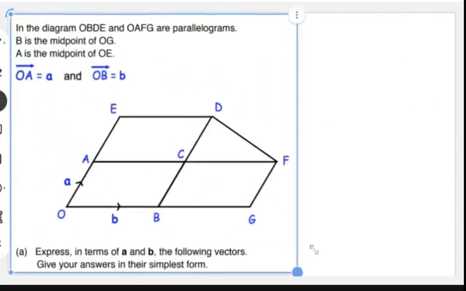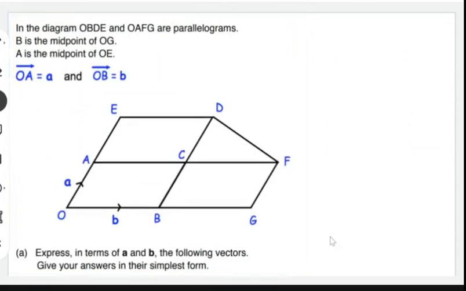At this stage, we're not looking at what exam questions say per se. We're just going to be looking at understanding components of vectors. I'm going to give you about 30 seconds to have a read of this and digest the diagram, and then I will start asking questions.